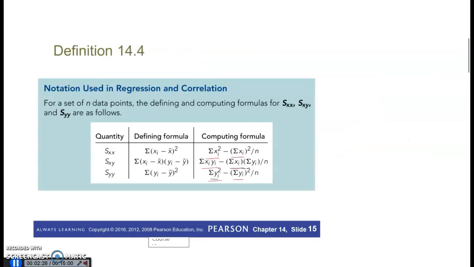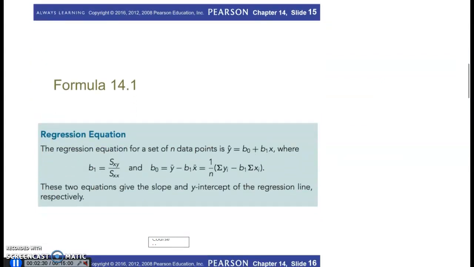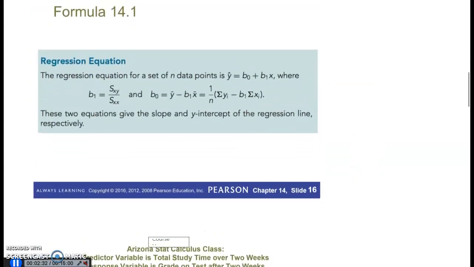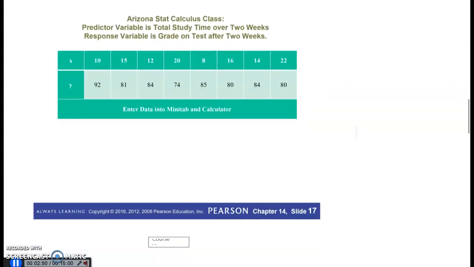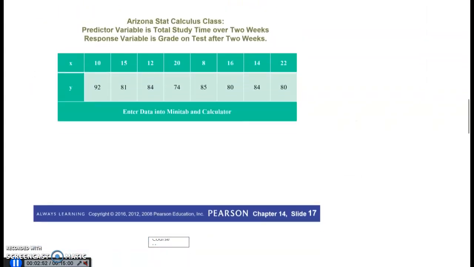Okay, so let's take a look. And here is the rest of the formula sheet. To get our regression equation, we have a formula for slope, Sxy over Sxx. We also have a formula for the y-intercept, b sub 0. Okay? And so let's get started.